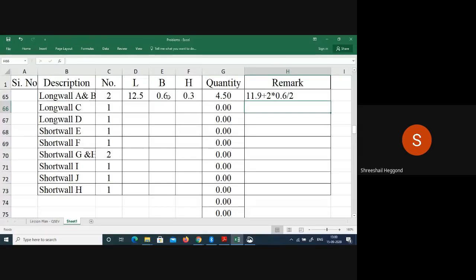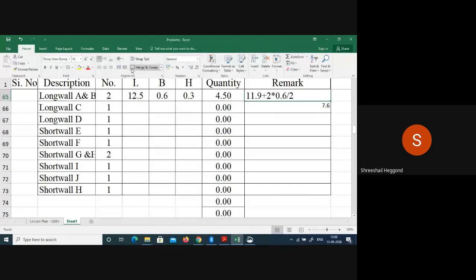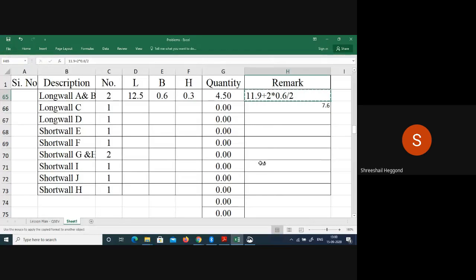Next, long wall C is of 7.6, plus both the sides half of wall thickness you have to add, that is 0.6 divided by 2.